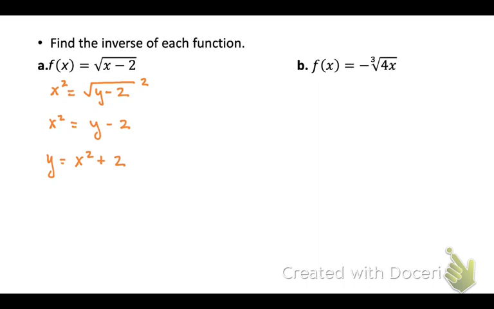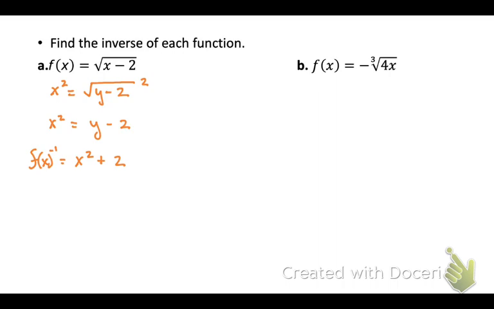Now, this function here, because this is a parabola, isn't it? Okay. And we want it to be a function, and it is. And we should write it as f of x inverse. That -1 means inverse there.